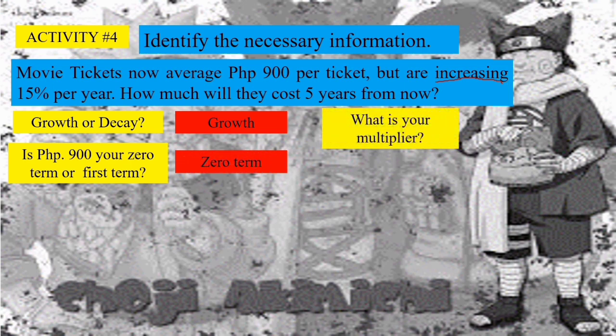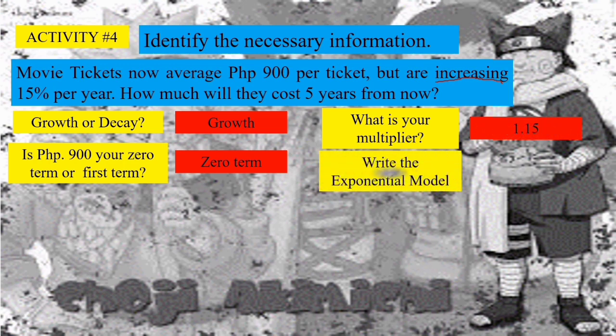What is your multiplier? So, sabi ko nga, pag increasing siya, and that is growth, so 15% is equal to 0.15 plus 1. So, ibig sabihin, 1.15 ang multiplier natin. So, write the exponential model.